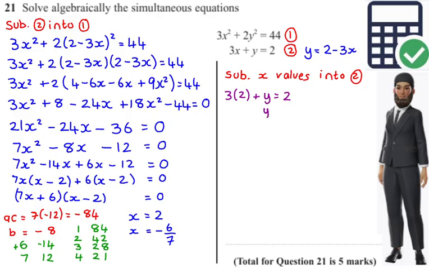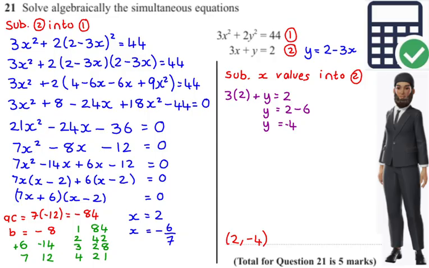Then you get y is equal to 2 minus 6, and y is equal to minus 4. So this is one of our solutions. When the x value is 2, the y value is minus 4.